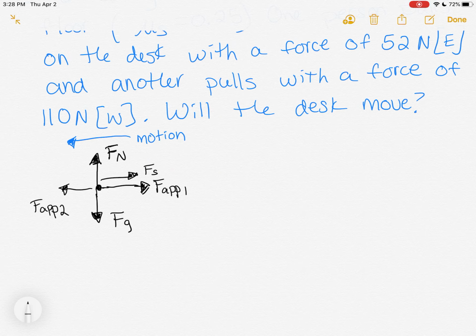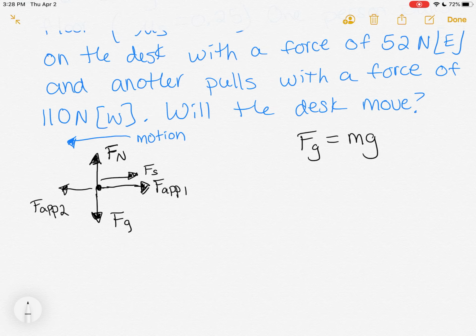Okay, so if we want to decide whether our desk is going to move or not, what I really want to do is figure out what my Fs is and see if my applied forces can overcome my Fs. One of the first things I want to look at is what's my actual Fg.